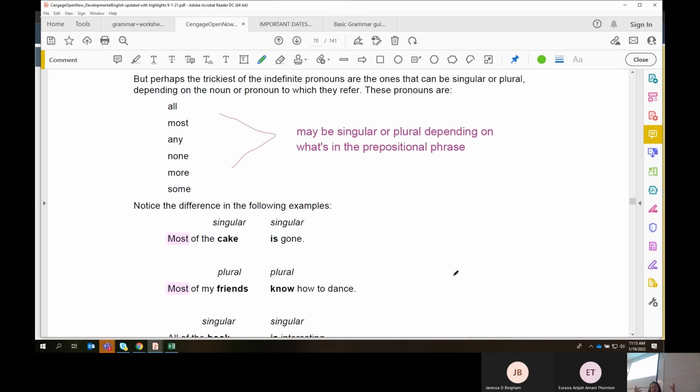But grammatically, the word most is what your subject is. So you've got to see what's in the prepositional phrase to decide if most is singular or plural. Since you've got friends and most is referring to friends, most is plural. If it's plural, you cannot have an S on the verb.